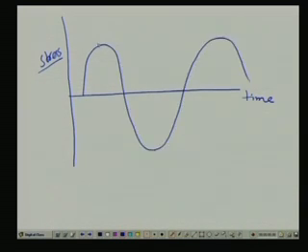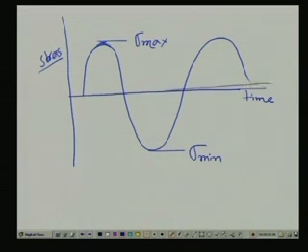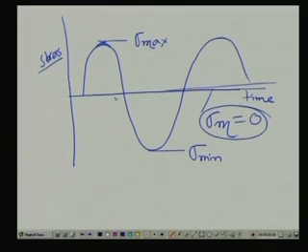This is sigma max, and this we consider to be sigma mean. The magnitude of sigma max and sigma min happens to be the same, so sigma mean comes out to be 0. So the average stress in this case is equal to 0.